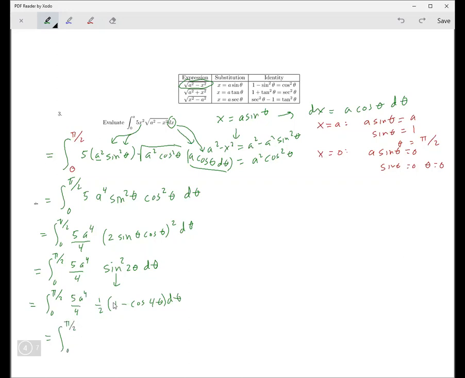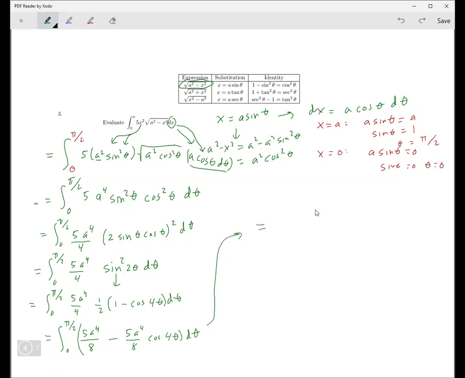Okay, so if I'm multiplying everything out, I have 5 a to the 4th over 8 minus 5 a to the 4th over 8 cosine of 4 theta d theta.